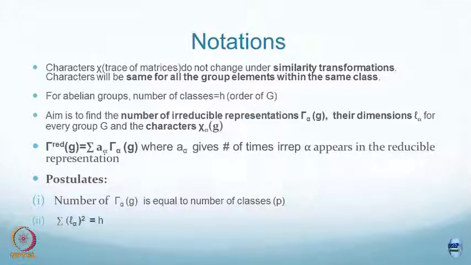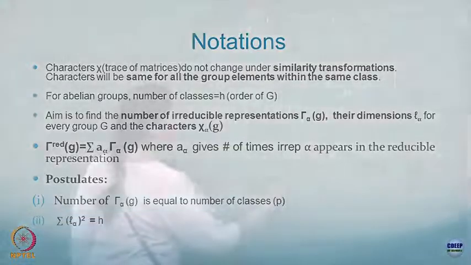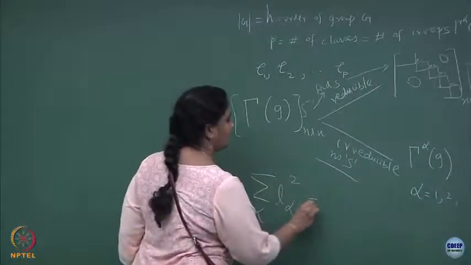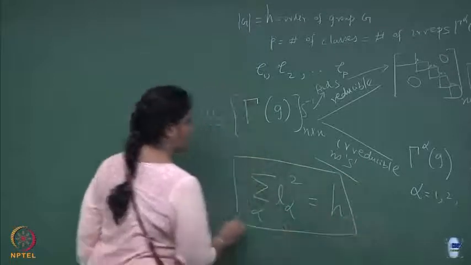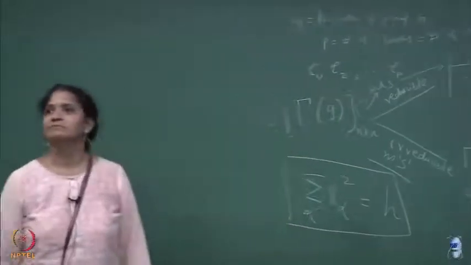Postulates were, the first postulate I have already written here, that the number of classes is equal to the number of irreps, and then I have one more property which is the summation over alpha of L alpha squared equal to the order of the group. Okay.